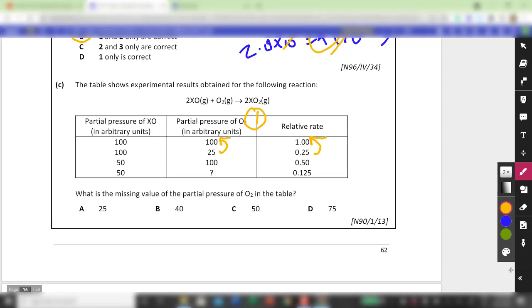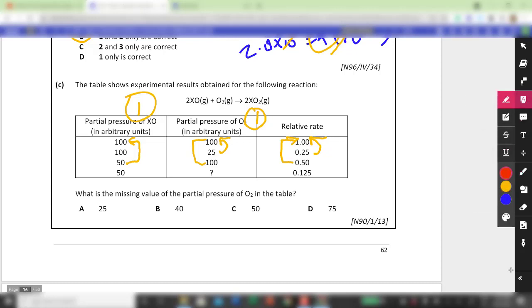Okay, so let's try for XO. We increase the partial pressure of XO from 50 to 100. We kept this constant, and then the relative rate doubles from 0.5 to 1. So also first order with respect to XO. Now for this particular portion, we are keeping XO fixed at 50.